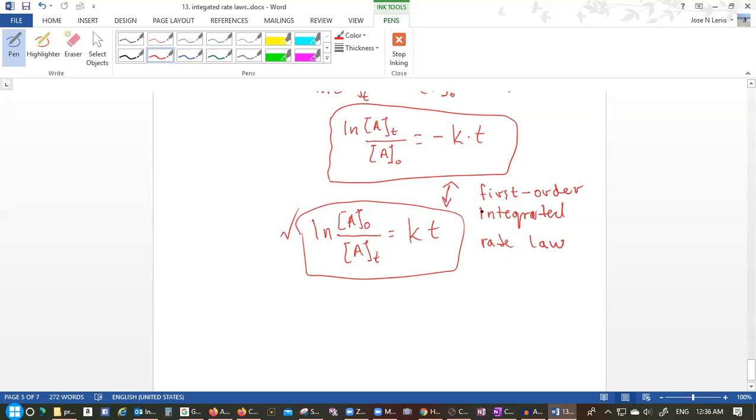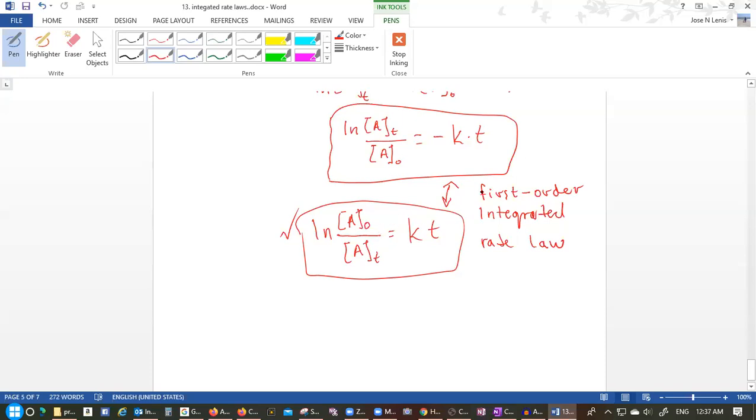So we need to recognize that it is on the paper with the formulas. And I'll show you later on how to use this formula to solve problems.